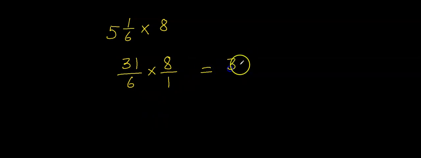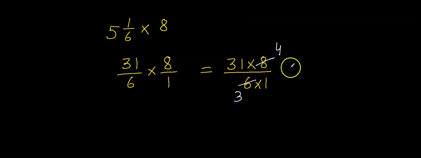So we do 31 times 8 over 6, and then 6 times 1, I'm sorry. So we see if we can reduce any of the numerator and any of the denominator. We can reduce 8 and 6 by 2. That gives us 2 times 4 is 8 and 2 times 3 is 6.